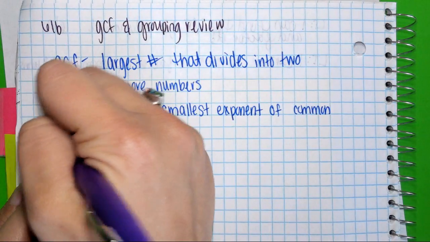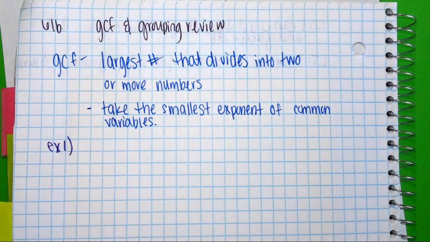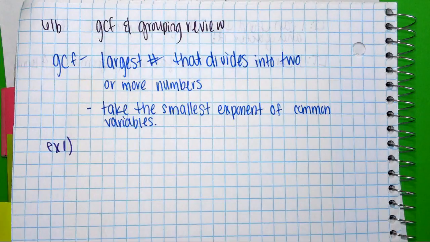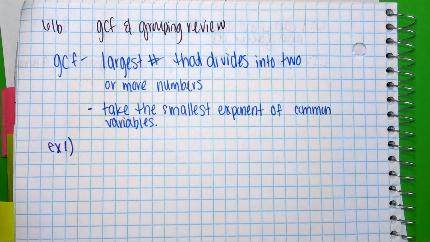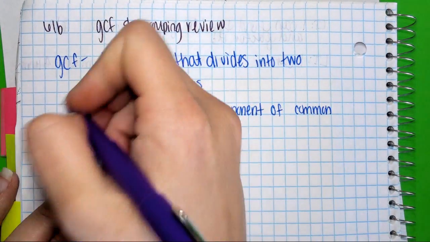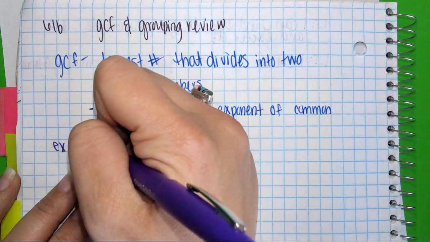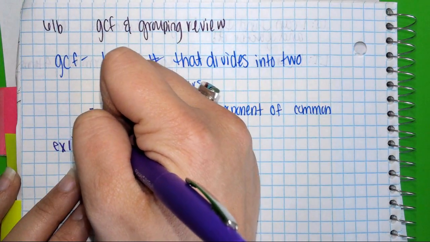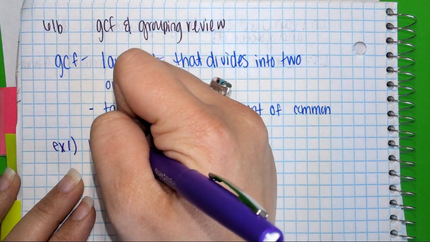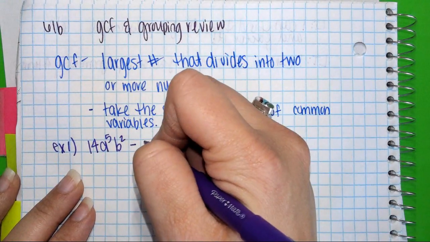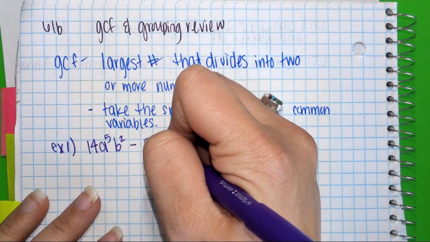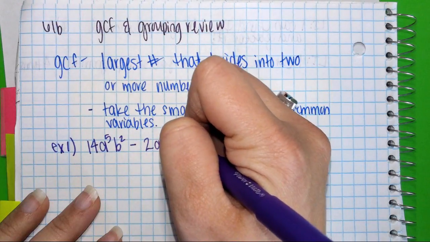Alright, so example 1. 14 a to the 5th b squared minus 2 a cubed b to the 9th.